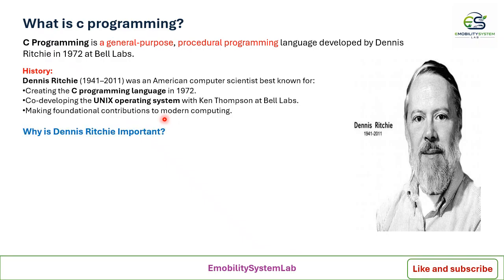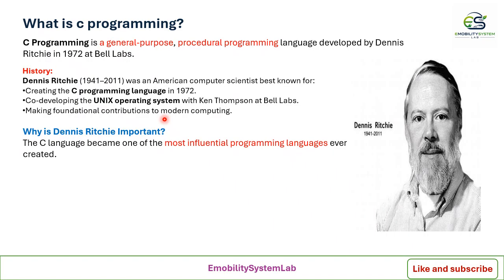And let's see why Dennis Ritchie is important for us. Basically, the language created by Dennis Ritchie is one of the most influential programming languages ever created. So why are we saying it is influential?